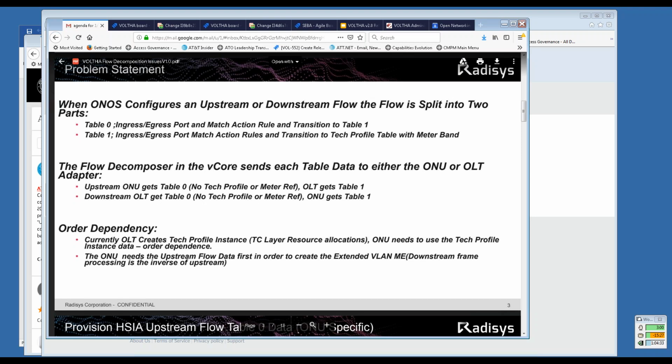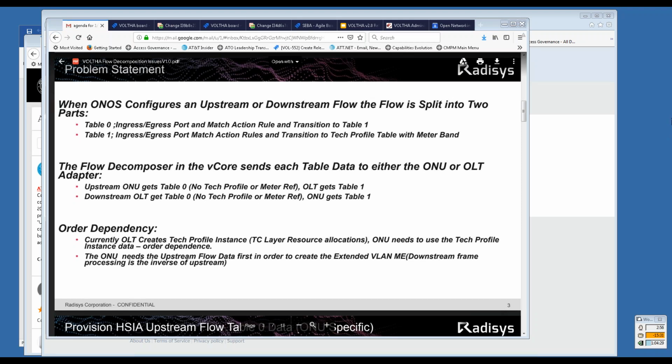Upstream, the ONU gets table 0. There's no tech profile information or meter reference in that table. The OLT gets table 1 that has the tech profile reference. Downstream, the OLT gets table 0, and the ONU gets table 1. So upstream and downstream are reversed as to who gets the tech profile information.